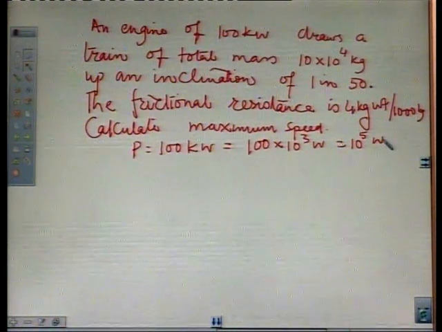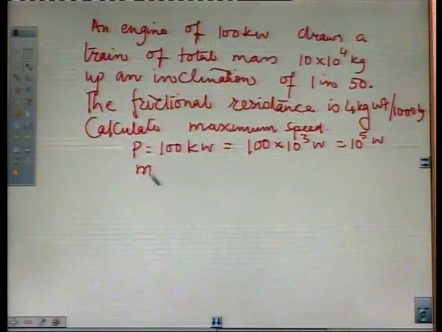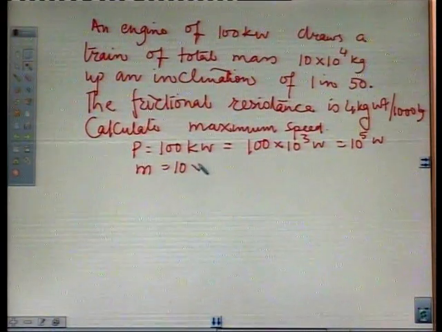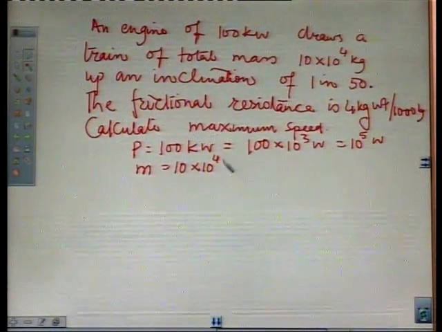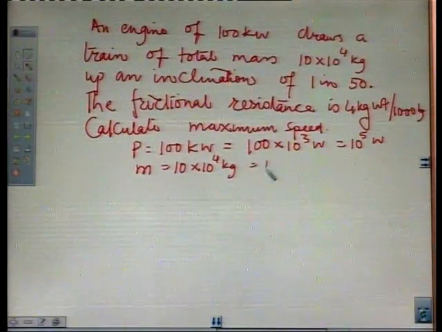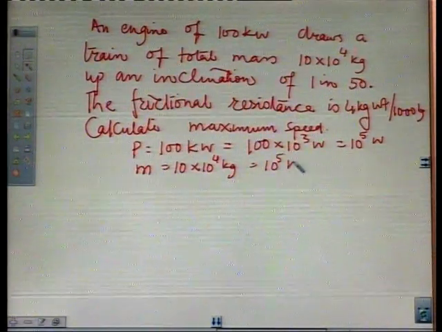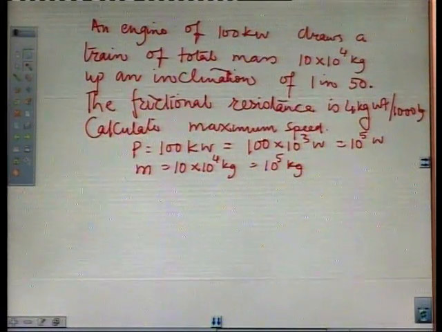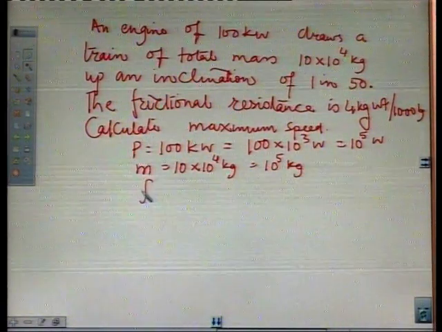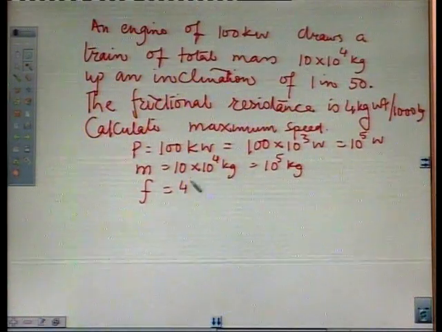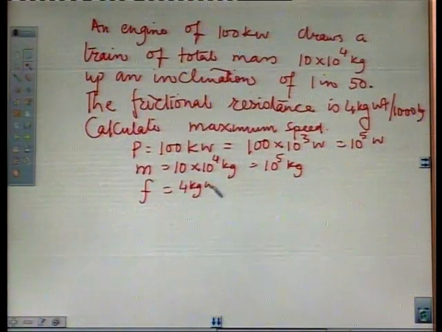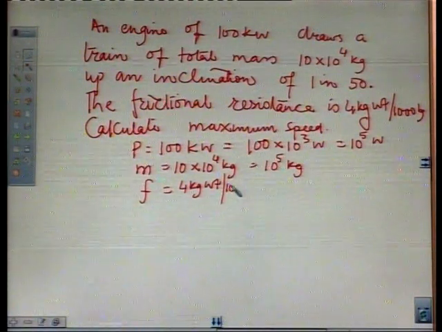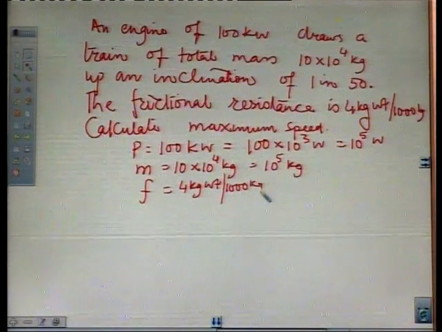Then you are given mass 10 into 10 to the power 4 kg, and frictional resistance 4 kg weight per 1000 kg.